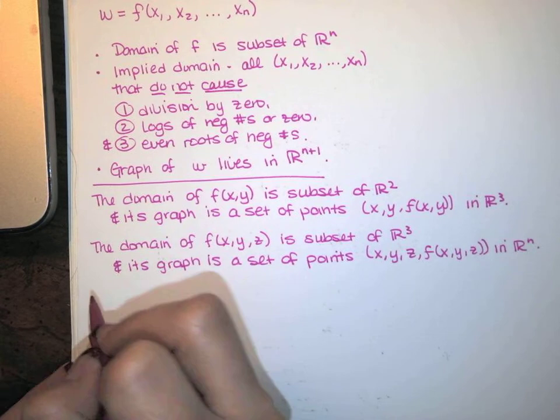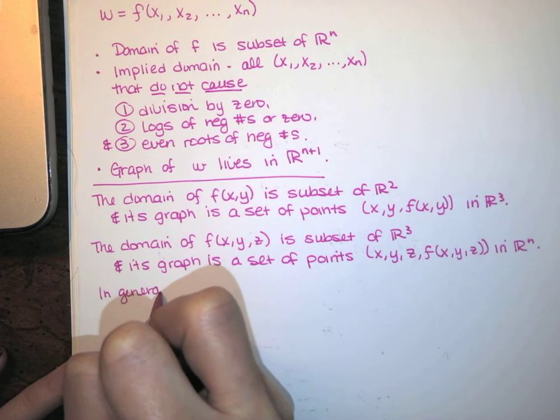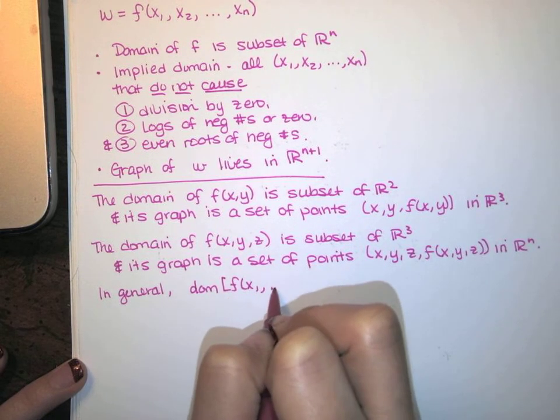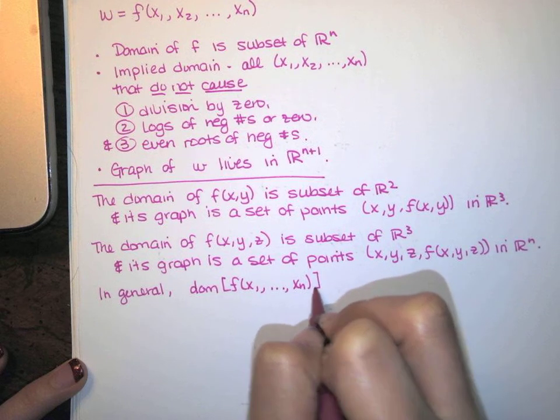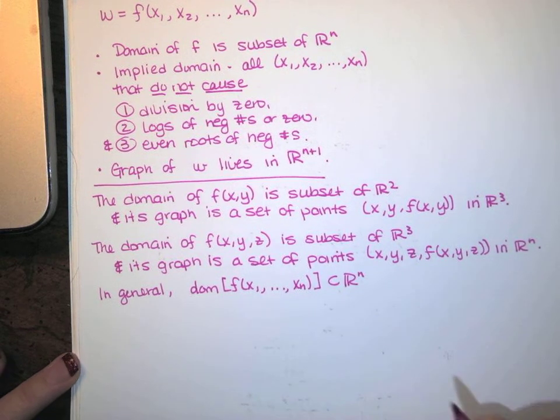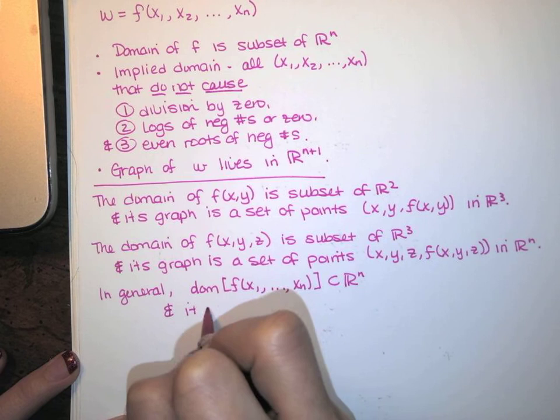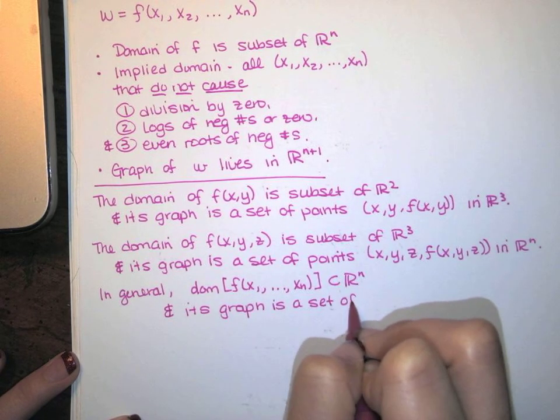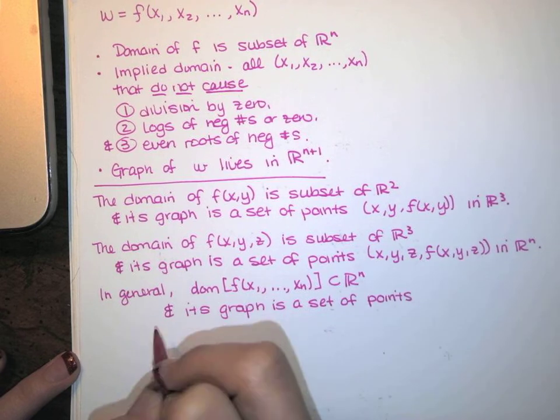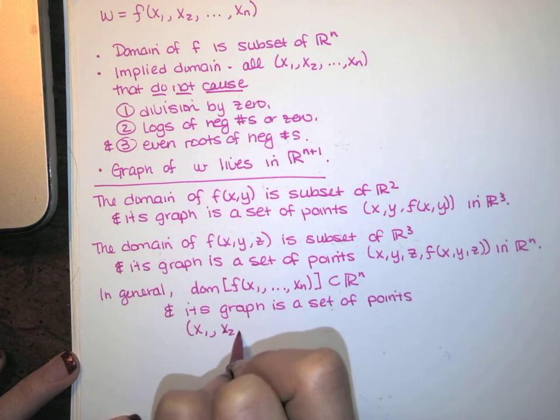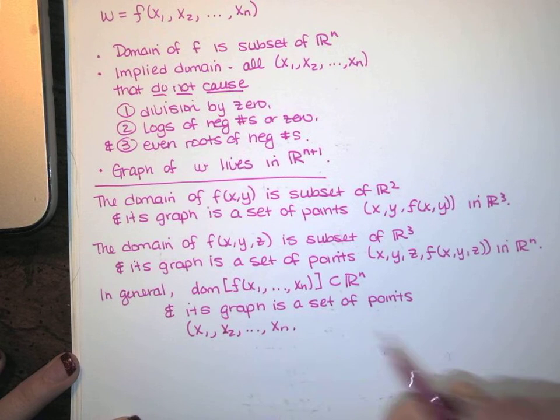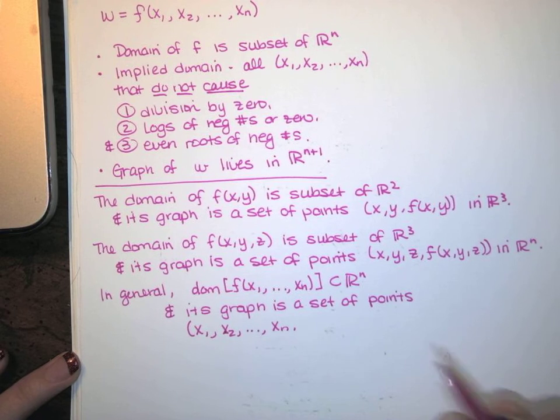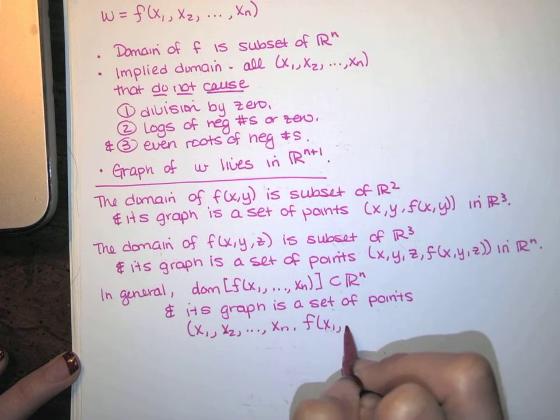In general, we already talked about it, the domain of a function of n variables is a subset of Rn, and its graph is a set of points: you've got x1, x2, all the way through xn, and then you also need an n+1th coordinate for the output.